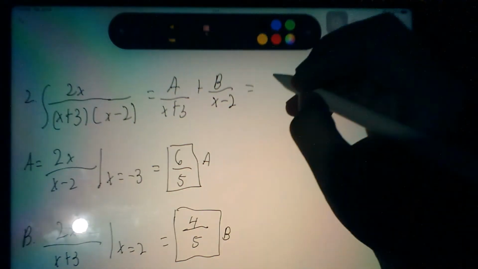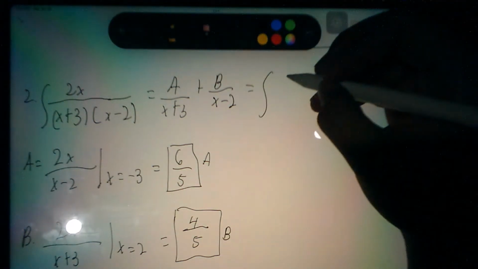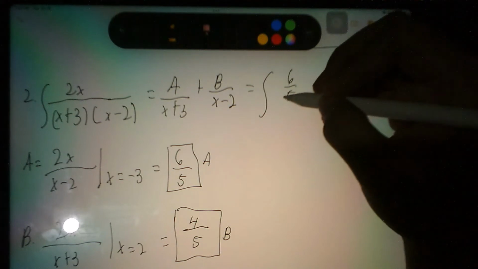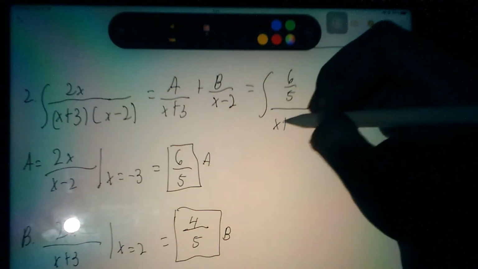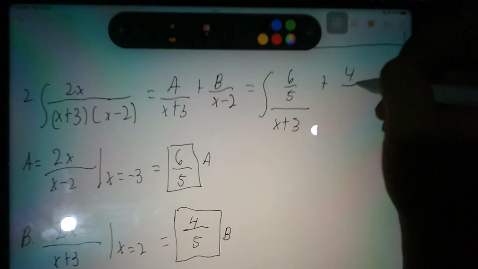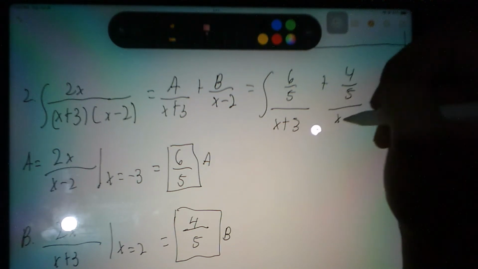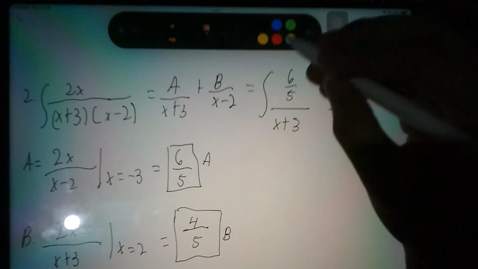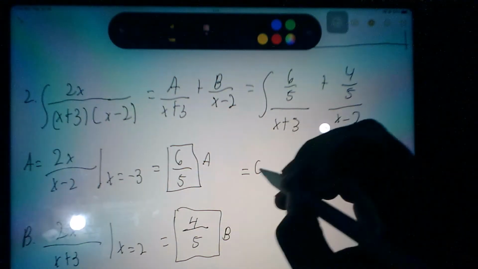Now we move on to integrate them. So a here is 6 over 5 over x plus 3, plus b here, 4/5 over x minus 2. By integrating this, our answer will become 6 over 5.